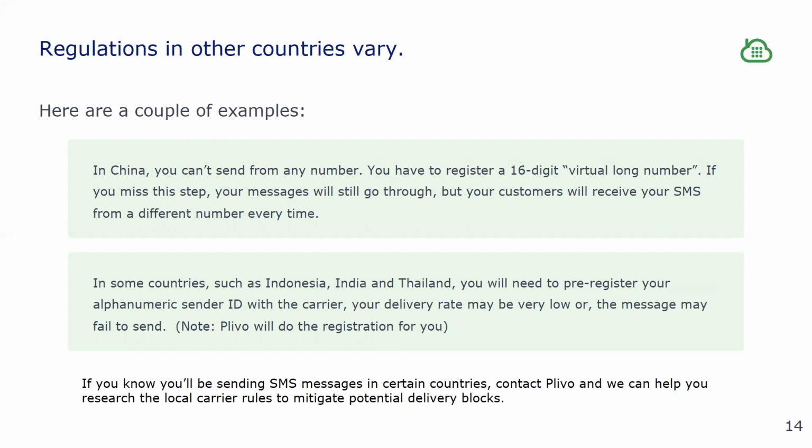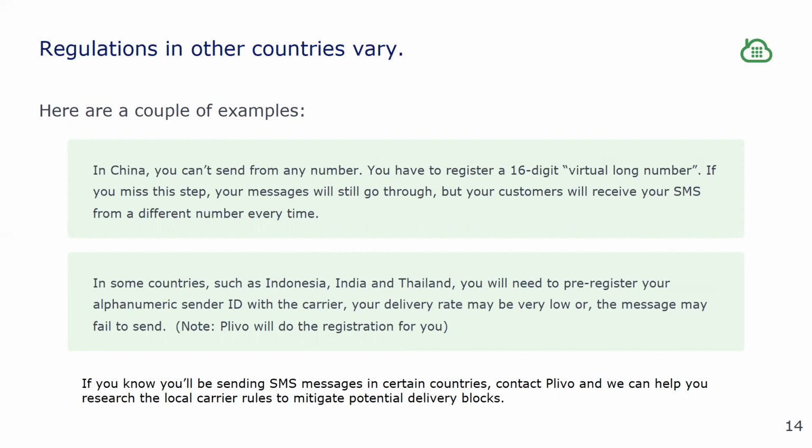That's a 16-digit code that will identify you to the carrier. Typically, we would do that for you. We just take care of it on the back end. If you do send the odd message into China and you don't have one of these, your messages should still go through, but they'll come from a random number every time. So for a consistent, predictable user experience, you really want to have a pre-registered virtual long number in China.